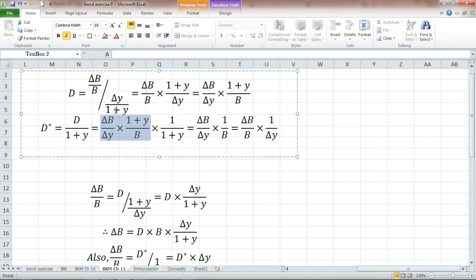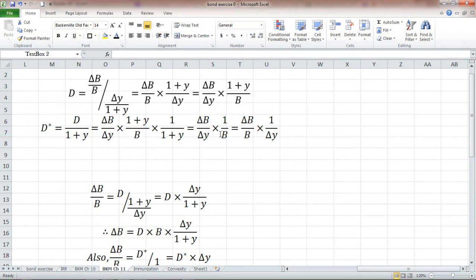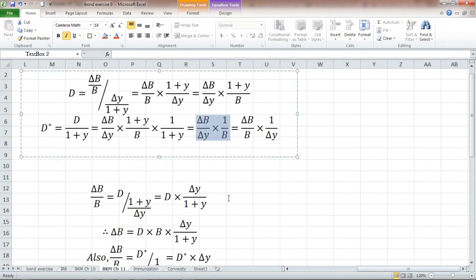The 1 plus r and 1 plus y, they cancel out. So eventually you end up with this. Then you can switch the bottoms, and you come to change in bond price over bond price. What is that? That's the percentage change in bond price, right?